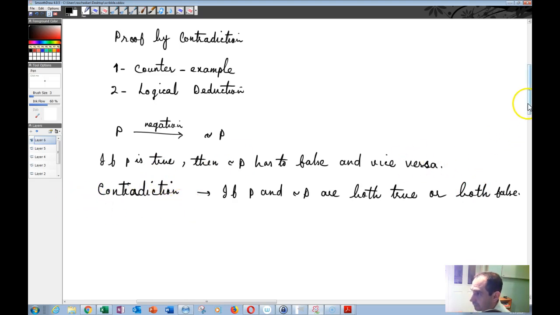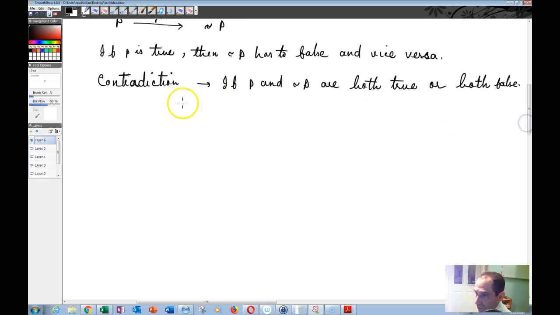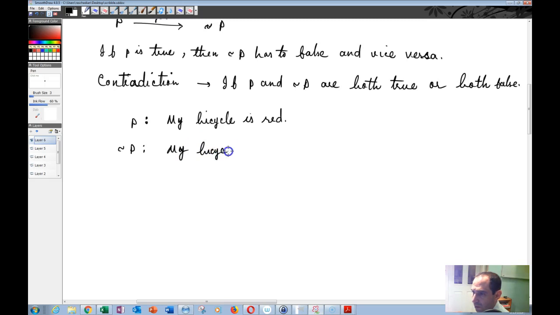For example, let's say that P is some statement that I make, that I say my bicycle is red, and not P would simply be my bicycle is not red.